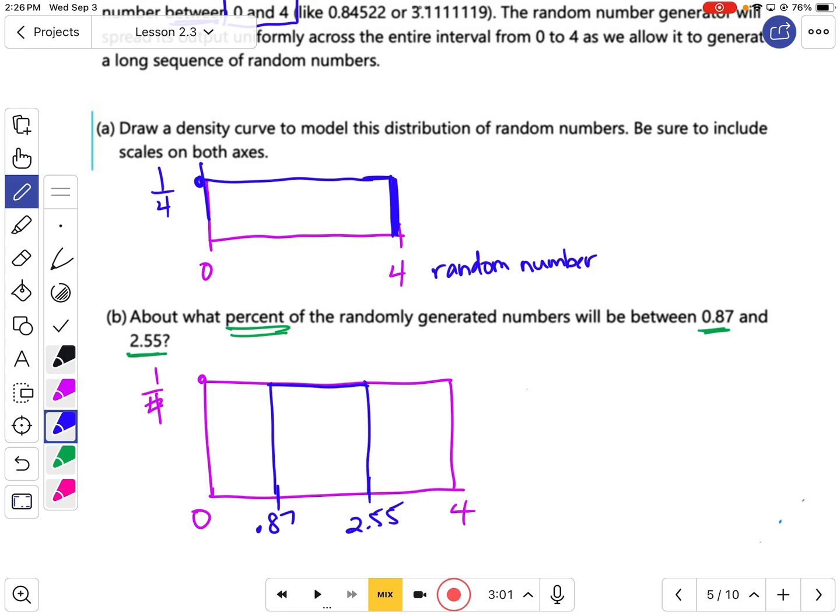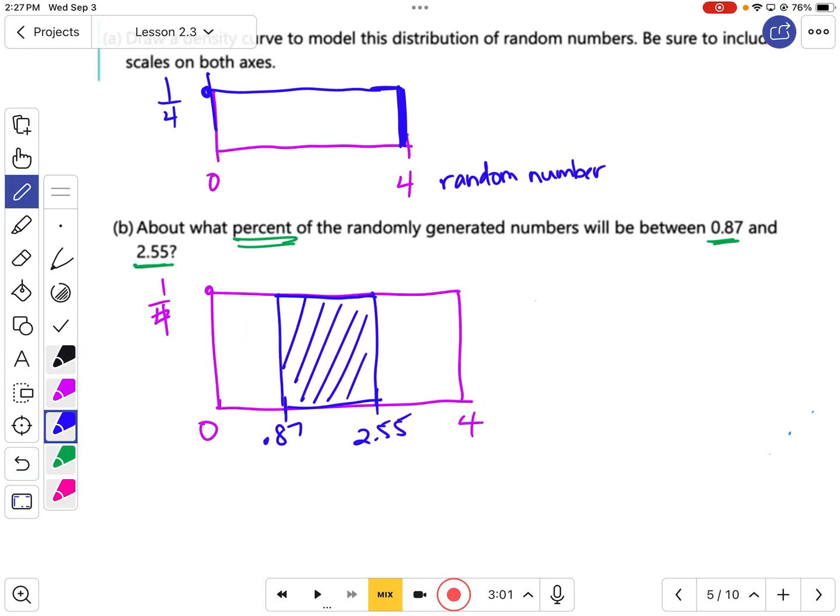So this is the rectangle it wants me to find. So it's not the whole rectangle. It's not one end of a rectangle. It's this middle piece. How are we going to get that?